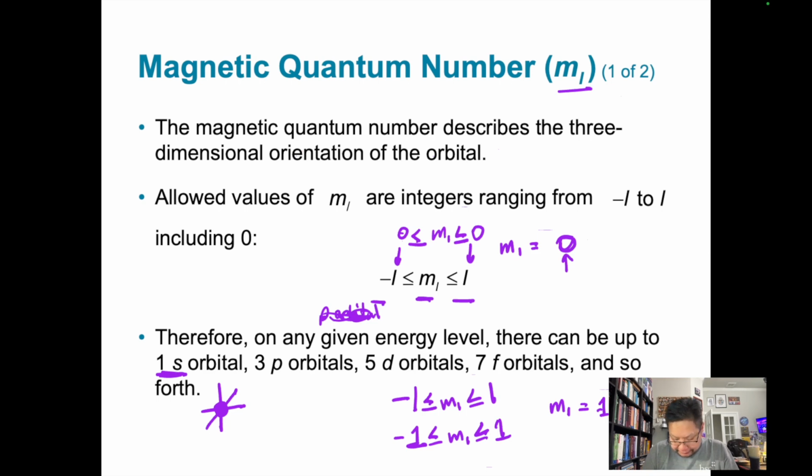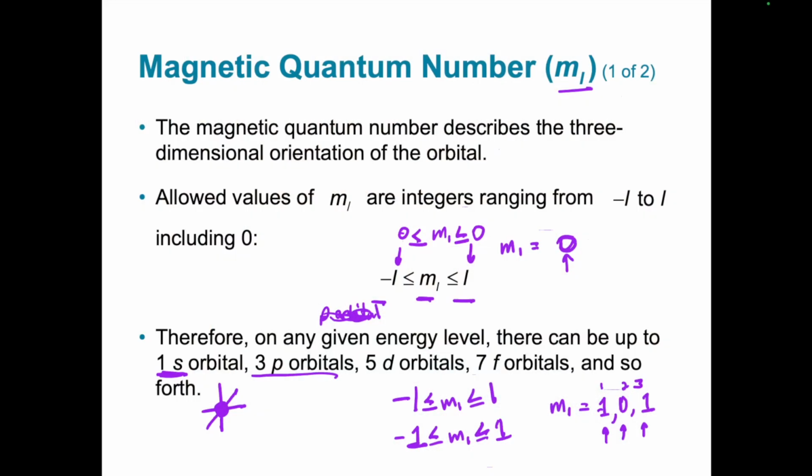That says there are 3 orientations for the p orbital, because there are 3 digits here: 1, 2, 3. And that's why there are 3 p orbitals. Let me move out of the way so you can see what I wrote there.